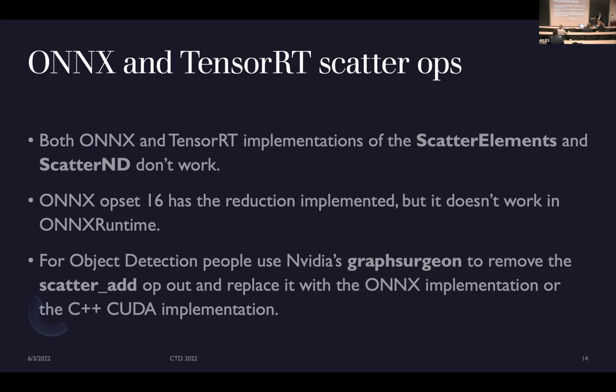However, it doesn't work in ONNX Runtime yet. And also in PyTorch, it's not implemented, so you cannot convert from PyTorch to ONNX and get the correct results on this.